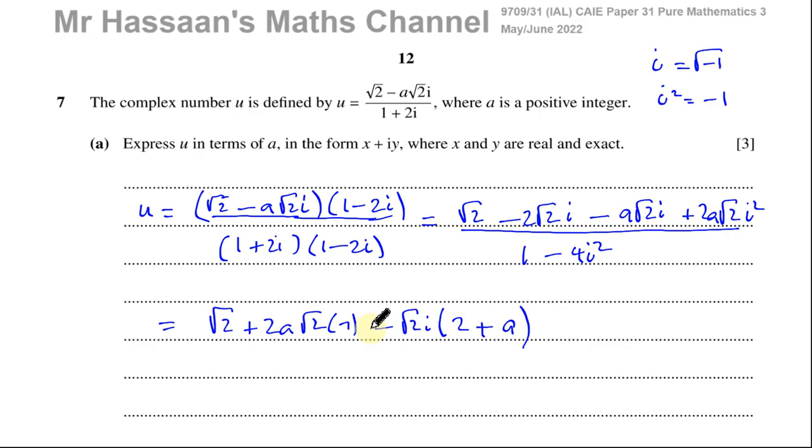So I've written those two together. What was this here? That was a minus 1. That was a negative 1 here. So this gives me root 2 minus 2a root 2 minus root 2 i times 2 plus a.